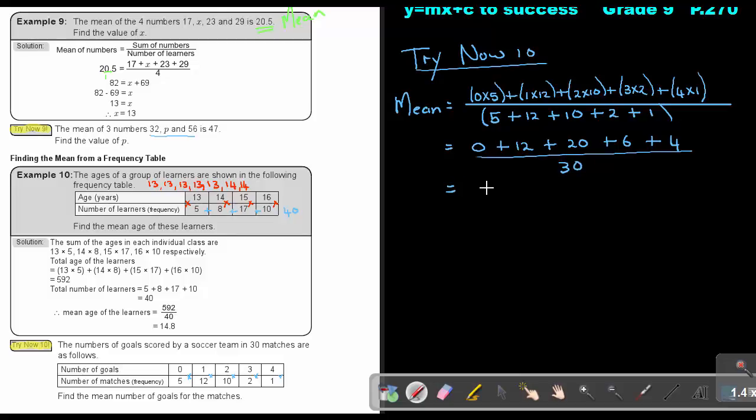So that will be 42 divided by 30, and it will be an answer of 1.4. So what will be the mean? 1.4. What must you remember in a table? Just remember to multiply, multiply, multiply, multiply, multiply, and then divide by the total frequency.